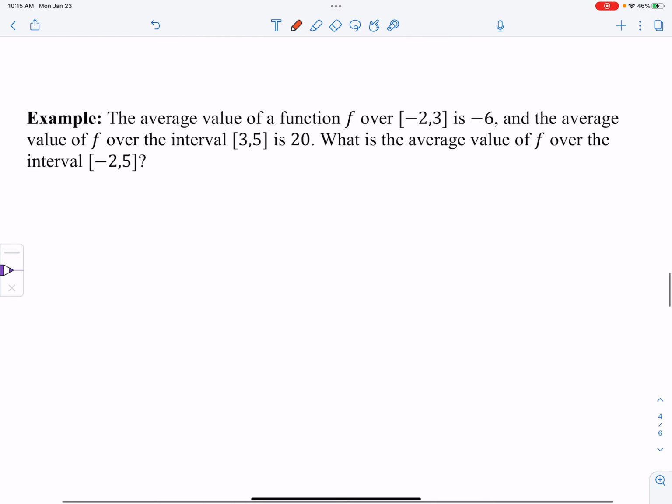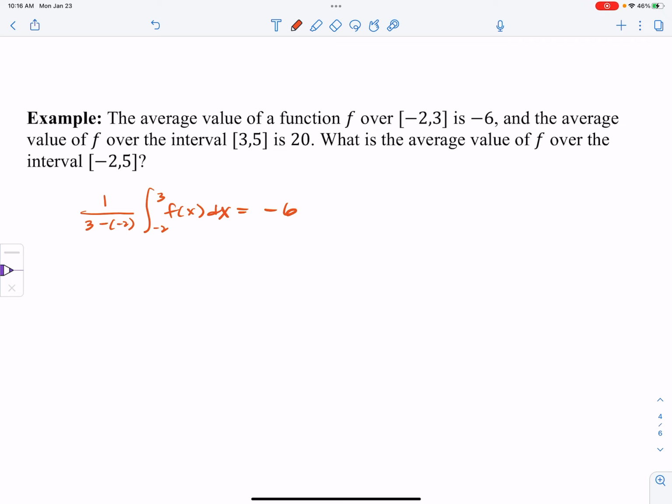So here's another problem for average value. The average value of a function f over the interval from -2 to 3 is -6. So I'm going to write that out. The average value, which would be 1 over b minus a, so 3 minus -2, times the definite integral from -2 to 3, is equal to -6, okay?